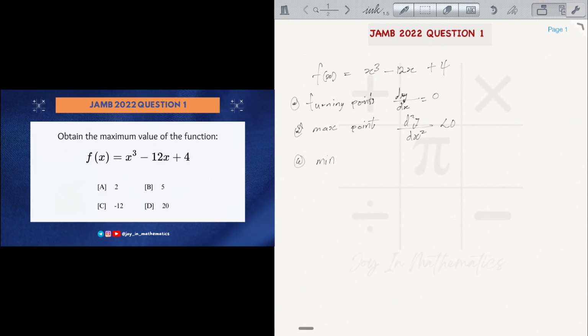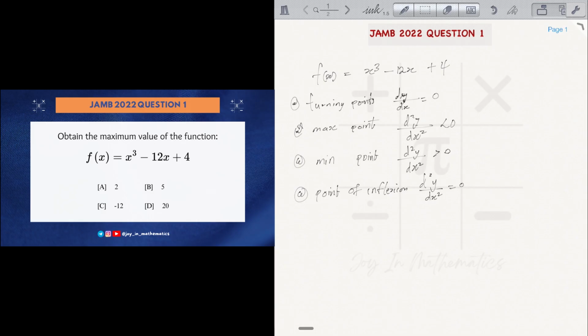At minimum point d squared y/dx squared is greater than 0, and of course at point of inflection d squared y/dx squared is equal to 0.